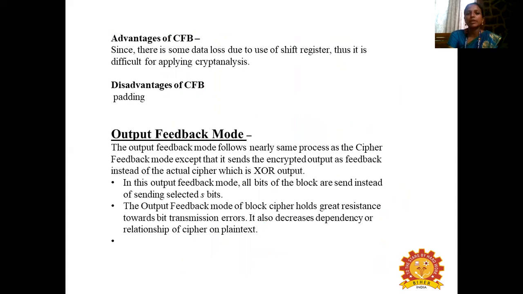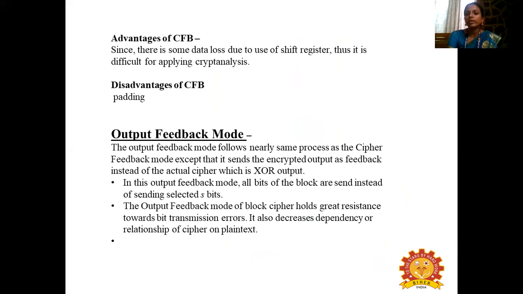Since there is some data loss due to the use of the shift register, it is difficult to apply cryptanalysis. The disadvantage of CFB is padding, because in the shift register it will add data. The shift register is 64 bits, so we have to add 8 bits at the end. So this is the disadvantage of CFB: padding, adding data.